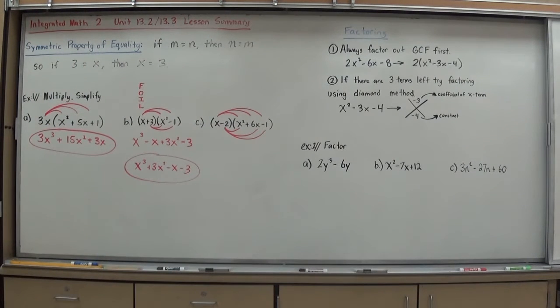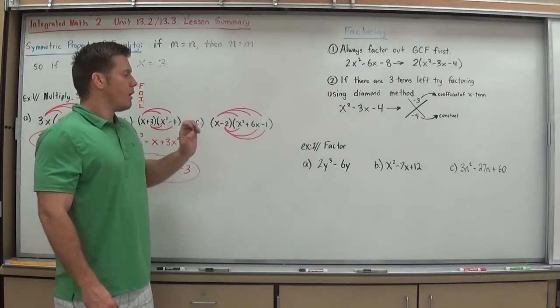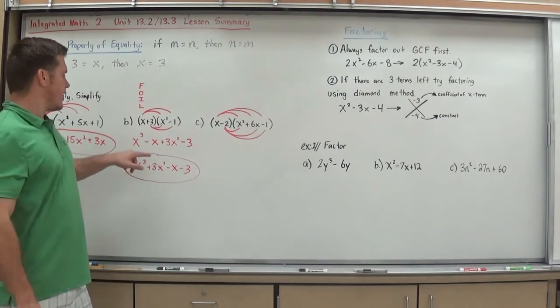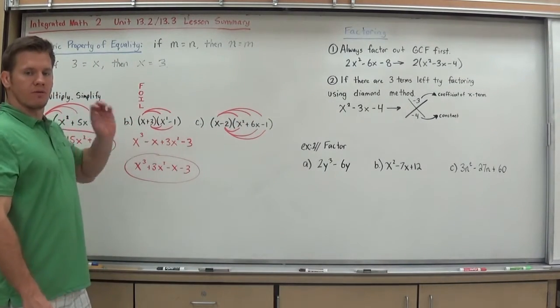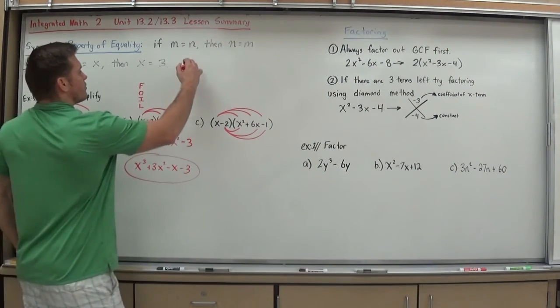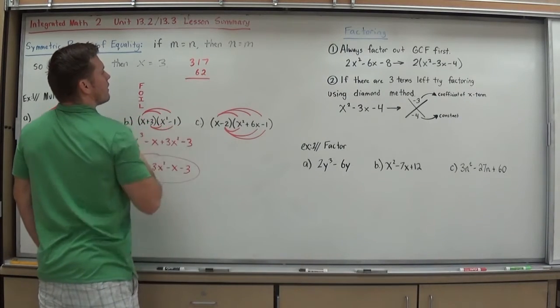Now I'm going to do one thing to take this a step further. When you have this, I'm going to end up with 6 different terms that I'm multiplying out. And the problem that can arise when you do that is you're going to have a lot of stuff you need to combine, and it can get a little crowded, a little confusing to find everything. So I do something a little different. When we add numbers, like if I was adding 317 and 62, I want to line things up.